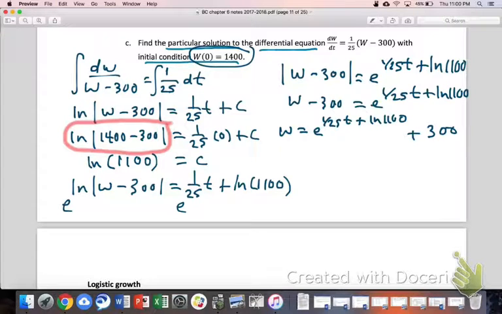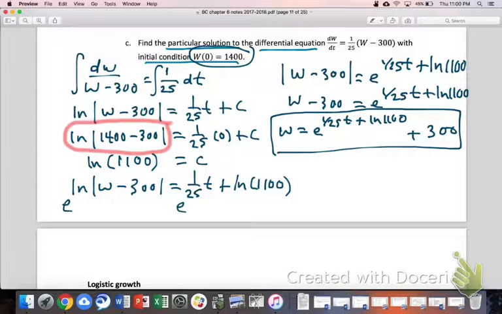There is a little bit of simplification you could do here with the ln of 1100 and the e, but at this point you've written the correct answer, and there's no need really to go beyond that. So that would be our particular solution for this differential equation.